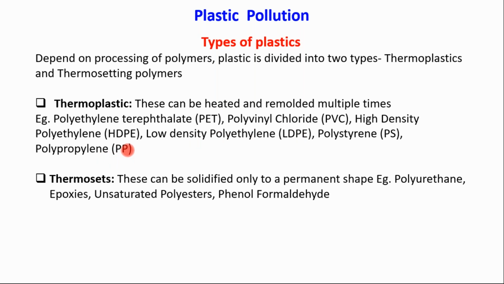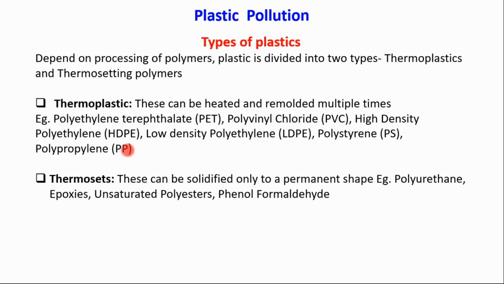Whatever materials we use in daily life, like chairs, tables, bags, etc., mainly comprise PP or HDPE. The pipes we use for different purposes mainly comprise PVC material.